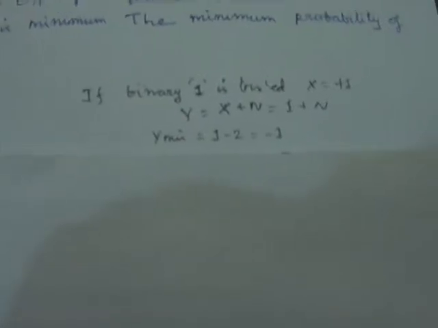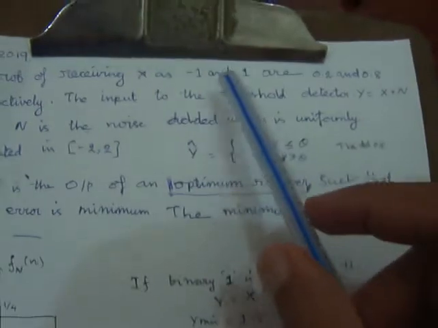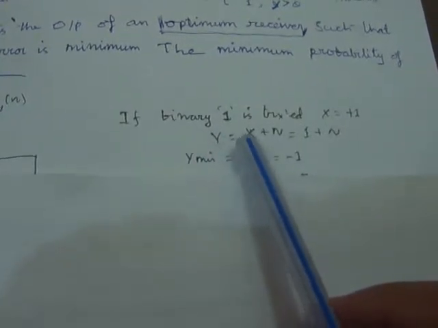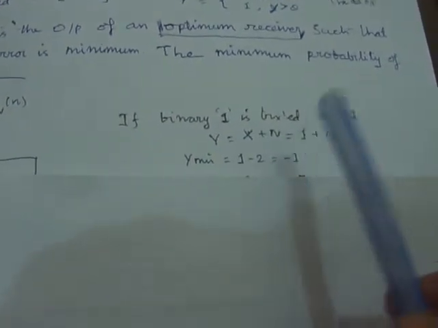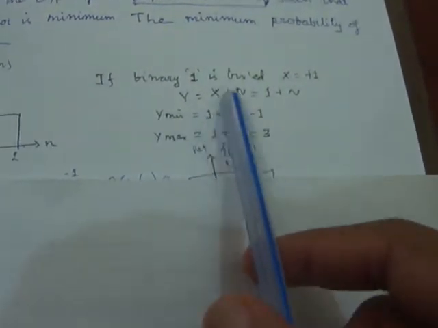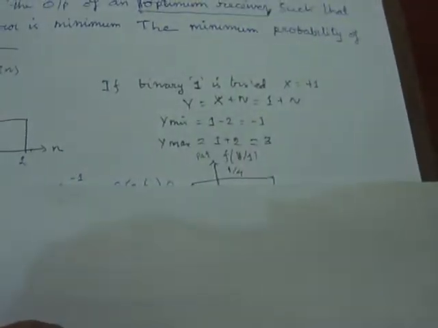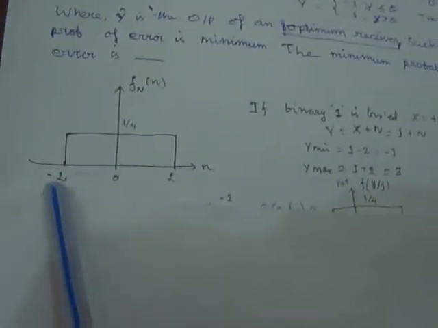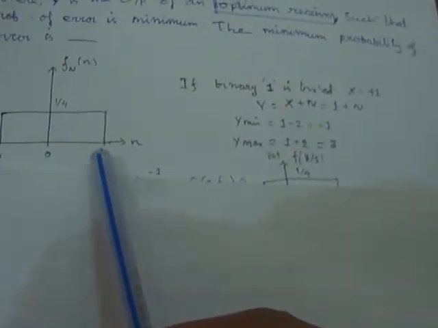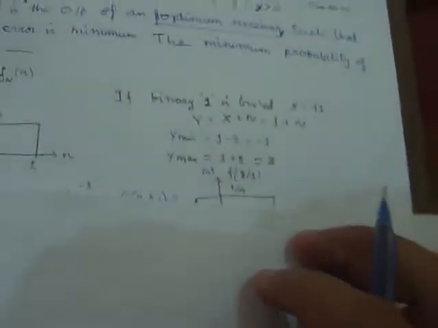Then we go for the specific condition. If binary 1 is transmitted, that is when x equal to plus 1 is transmitted, what will be the output? That is the input to the threshold detector, y equal to x plus n. With x as 1, adding the minimum noise value we get -1, and adding the maximum noise value we get 3.